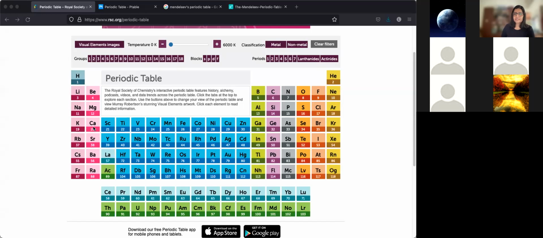Group 1, 2 is S, the last 6 are P, D is in between, and F is lanthanides and actinides. That much you need to know. Anomalous position, maximum number of electrons you can figure out.